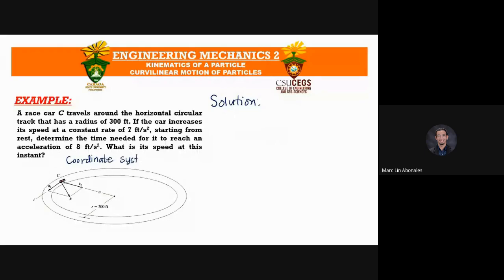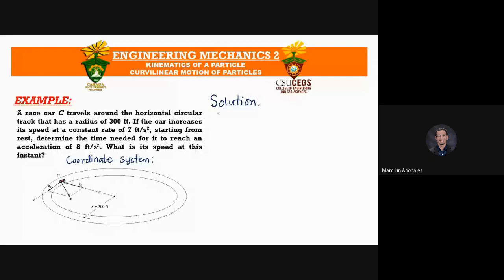It is a coordinate system because it shows the N and T axes, the normal and tangential components. And also, if you notice here, the normal acceleration is acting towards the center of the curvature. Since this is a perfect circle, it acts towards the center of the circle.